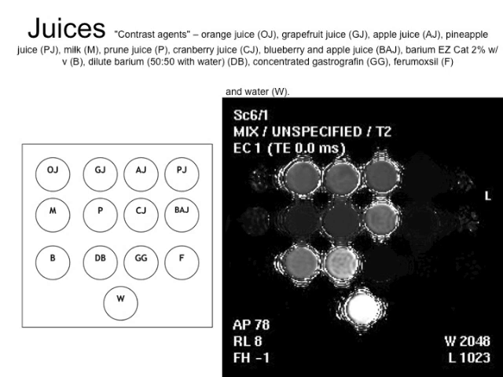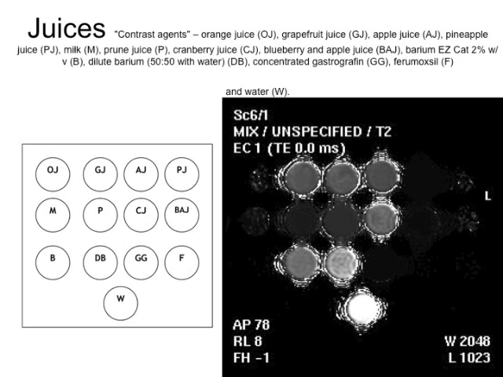Pineapple juice, blueberry and apple juice, Ferumoxsil, I can't pronounce some of these things, concentrated Gastrografin. So if I was going to do that MRCP image that we saw just a few minutes ago, and I wanted to darken out the stomach, and that's a heavily weighted T2 sequence, these are the types of juices that I would use.